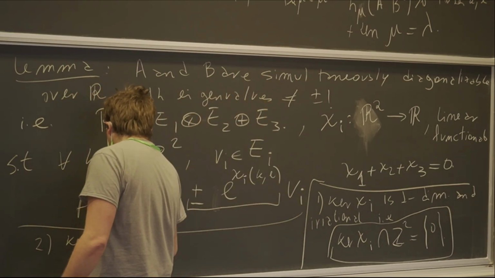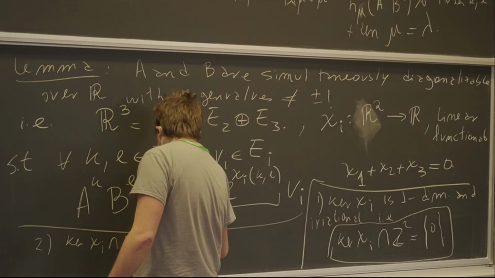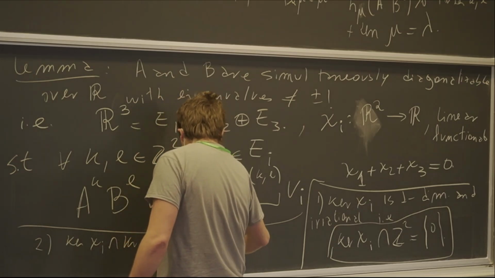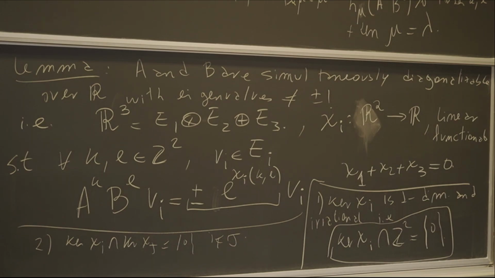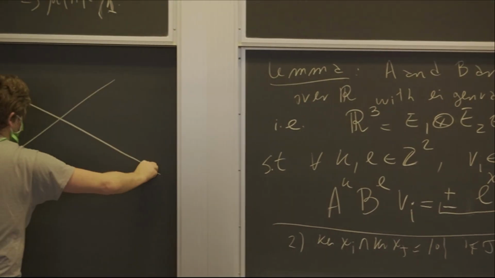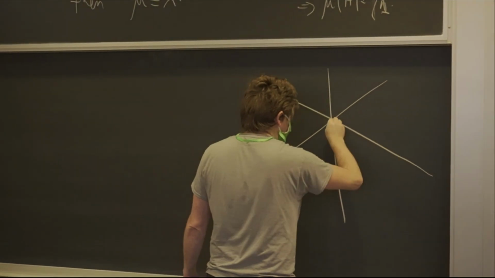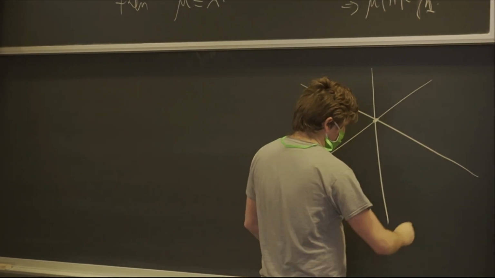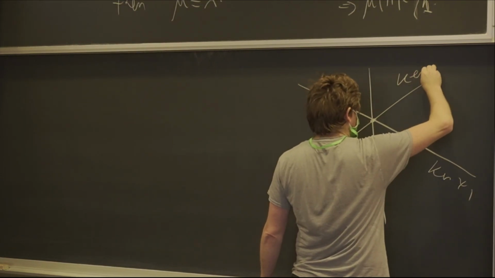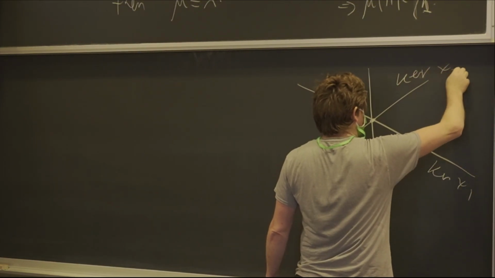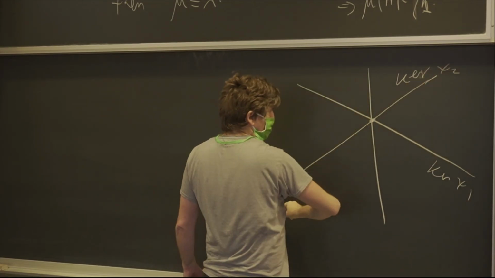Kernel of chi I intersected with kernel of chi j is 0 for I different from j. So it's really the picture I'm going to draw here. We'll have one guy here and one guy here. Okay, so this is kernel of chi1. And this is kernel of chi3.